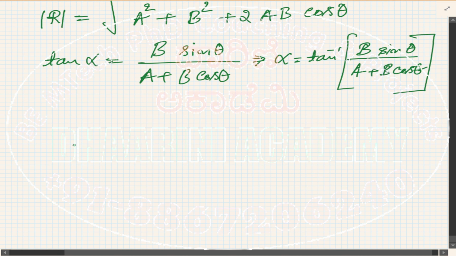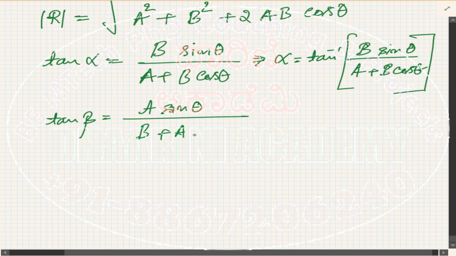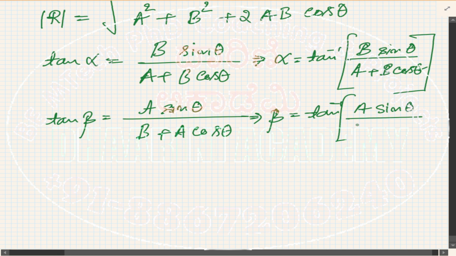First important equation. Then you can also use the tan beta formula. So this is A sine theta whole divided by B plus A cos theta. So this implies you can find beta if required by using the tan inverse relationship, that is A sine theta by B plus A cos theta.